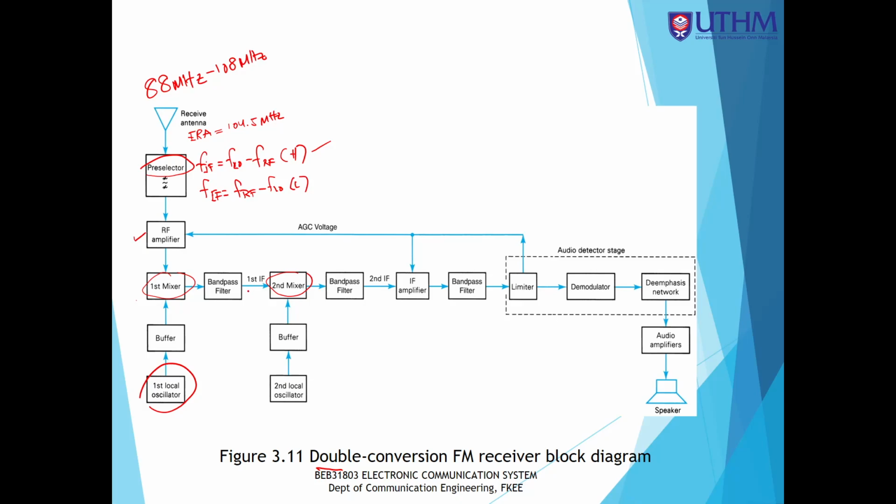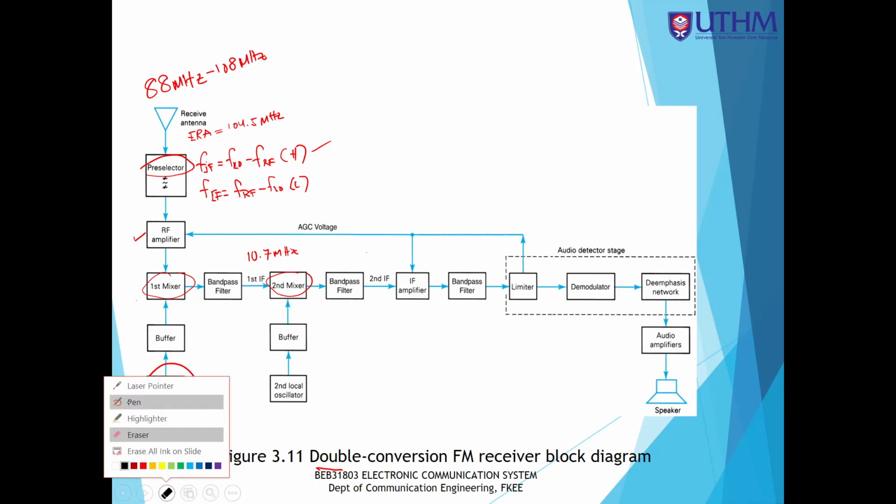Remember for the first IF, by standard it is equal to 10.7 megahertz. The center of the first IF is 10.7 megahertz, and then the second IF is equal to 455 kilohertz. I'm talking about the center frequency. So 455, just like in the AM that we have learned previously.